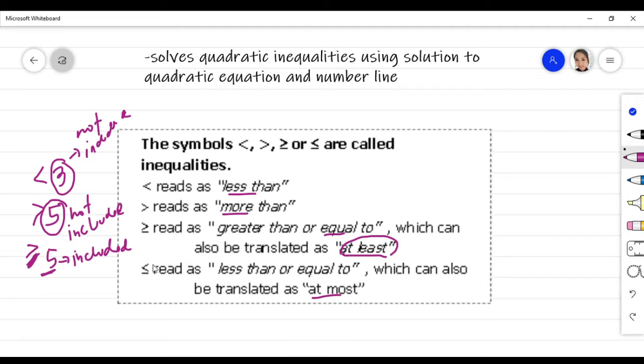How about less than or equal to 3? These are the numbers that move to the left of 3, but since there's an equal to 3, meaning 3 is included in that set.